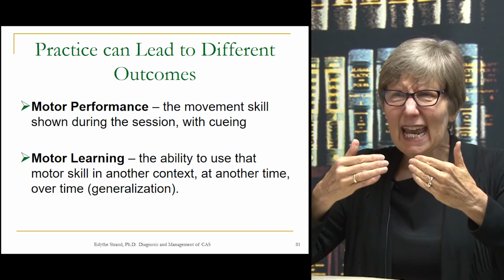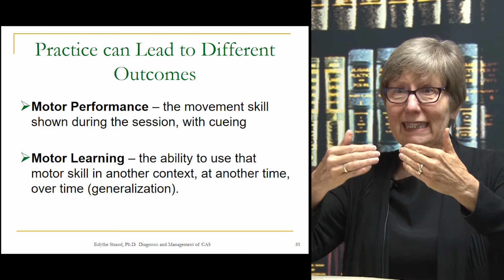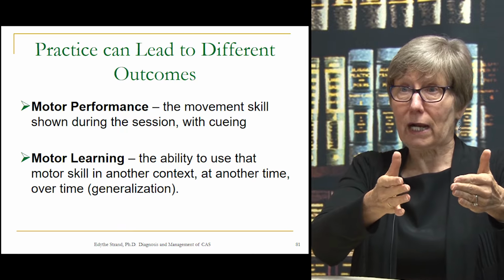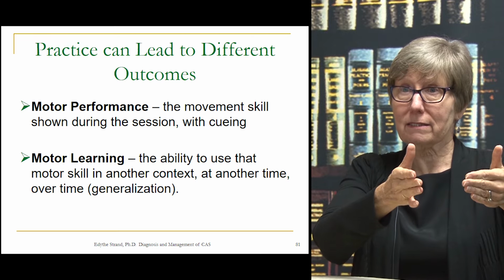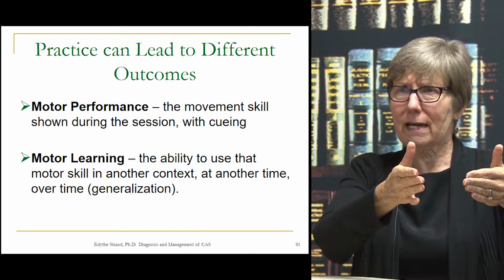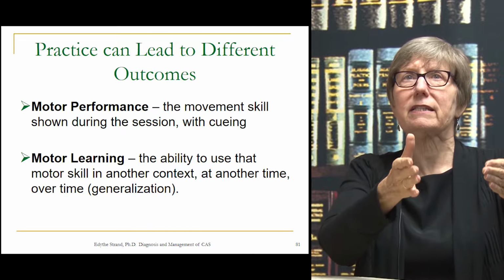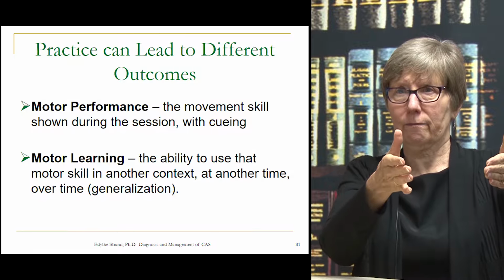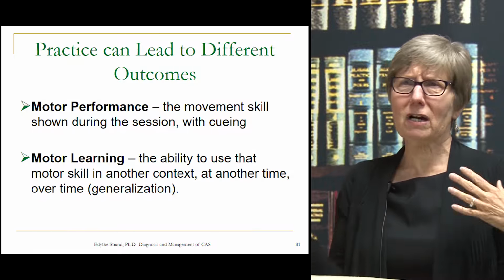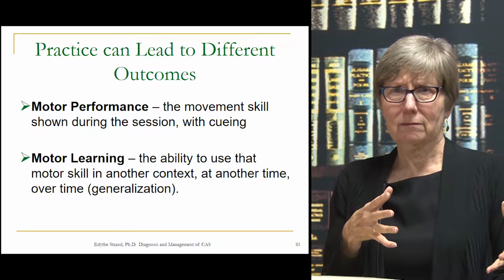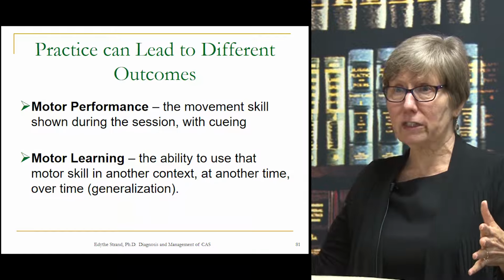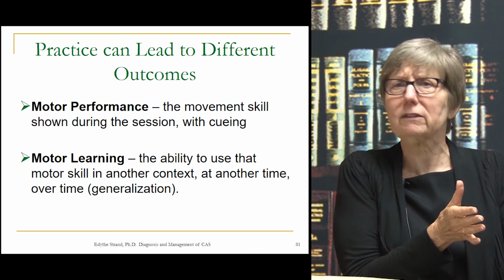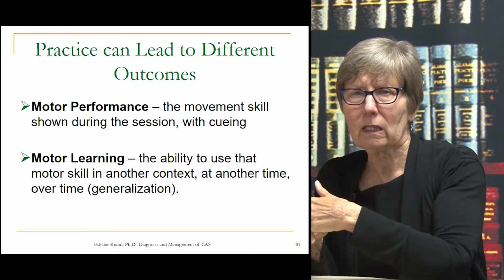But if we stay with that level of cueing, say very massed practice, blocked practice, we risk their being able to generalize, or we risk motor learning. On the other hand, if we start with more random practice, which has shown better retention or learning, with a child that has significant praxis problems, it'll take them forever to get accurate.